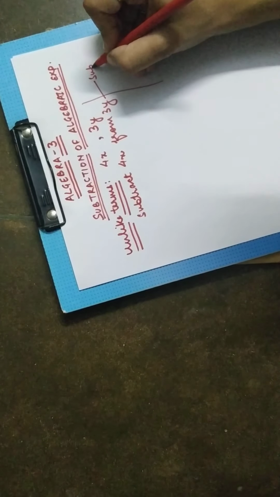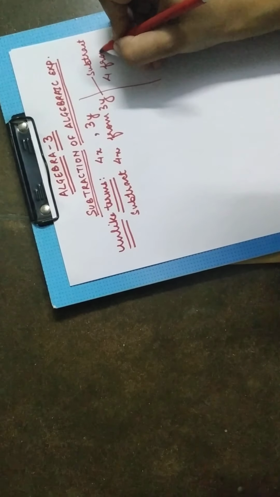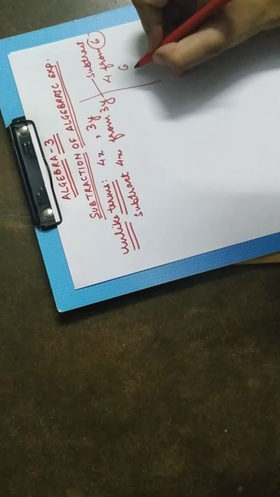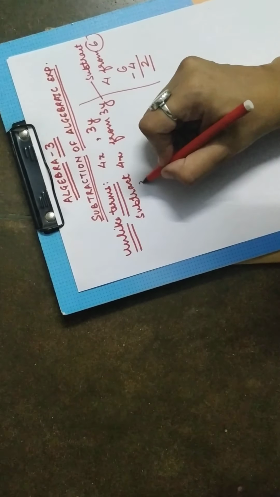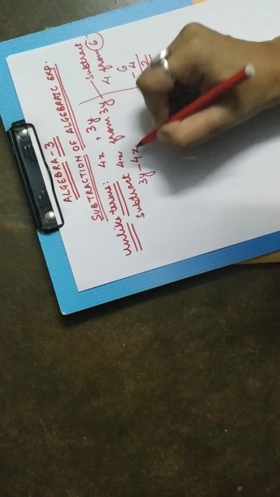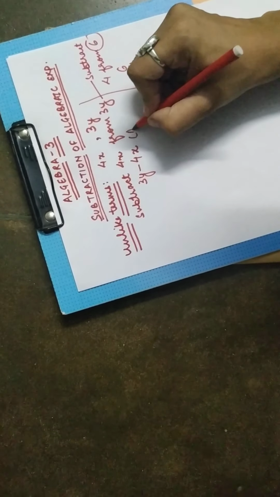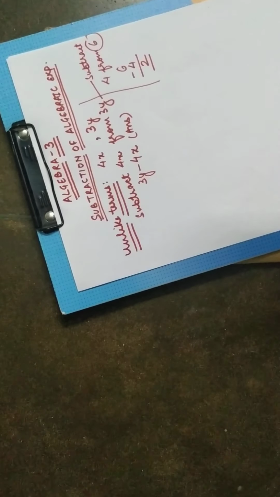If I say subtract 4 from 6, what do you write first? You write 6 first and then you write 4 and there is a minus sign, and we get 2 as the answer. So whatever is written after 'from', that is written first. So here 3y will be written first, then the minus sign because we are subtracting, and 4x. So this is the final answer, because they are unlike terms, they cannot be solved further.